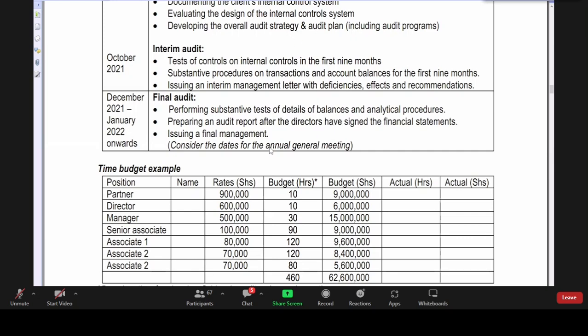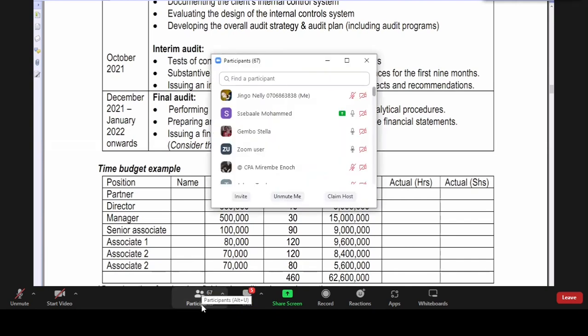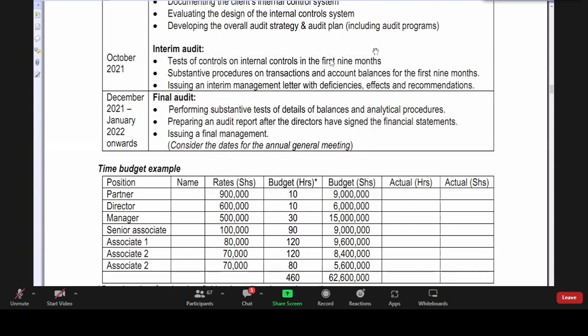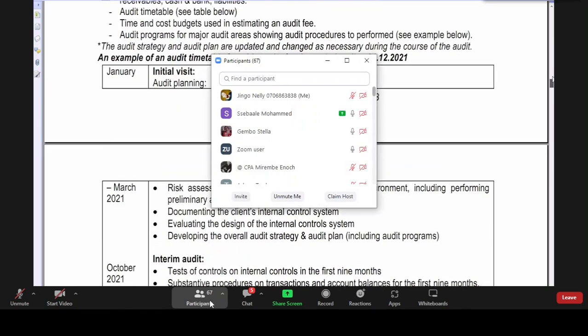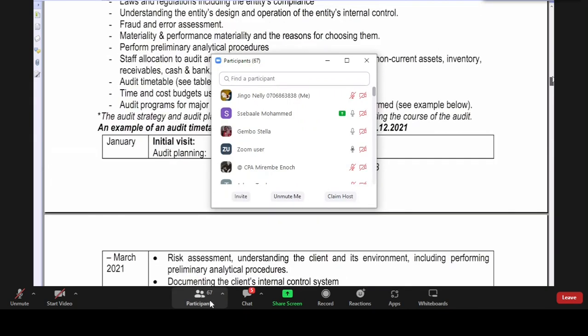Excuse me, sir. Yes, Stella. Scroll a little bit back behind, before the interim audit. Where, Stella?